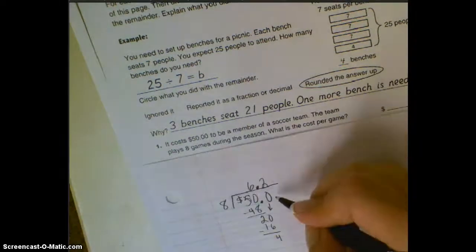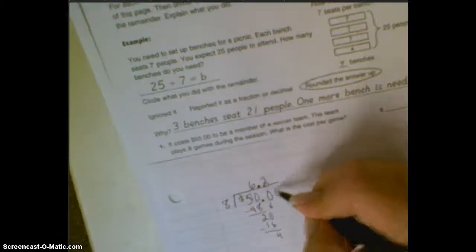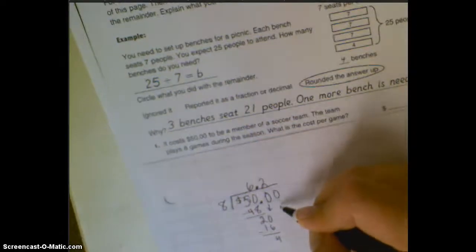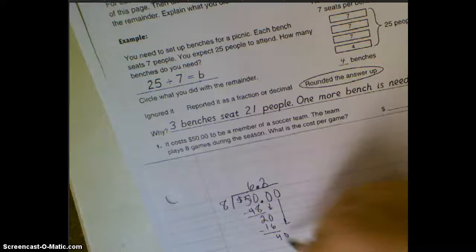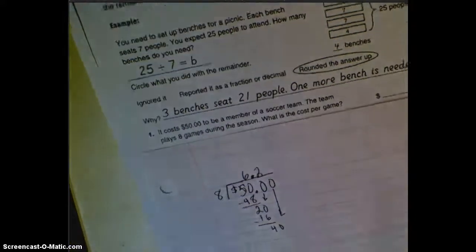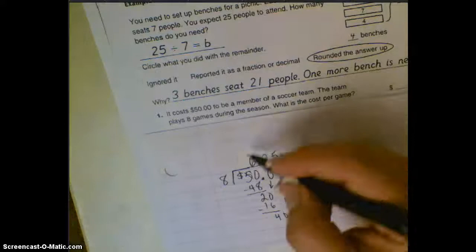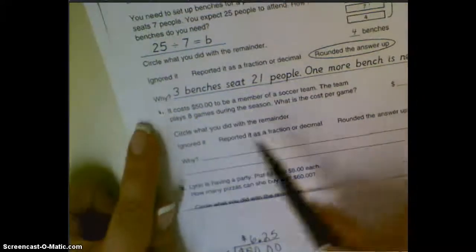I can bring down another 0 because money usually has a dime and a penny, so we can bring down another 0, and now I can find exactly how much. 8 goes into 40 5 times. So I know that my total answer is $6.25 per game.